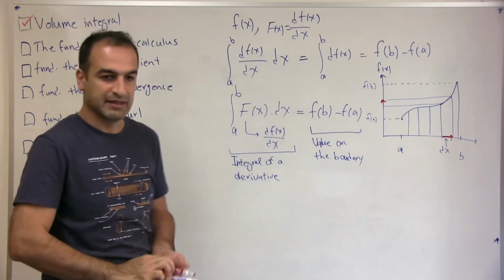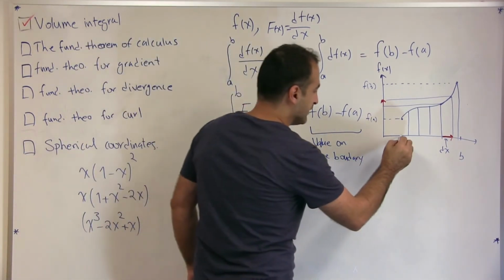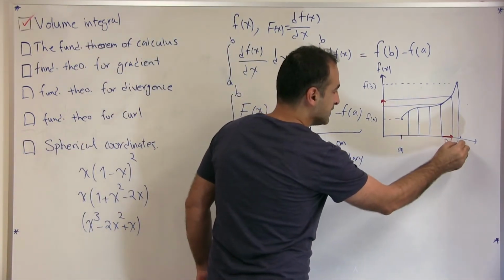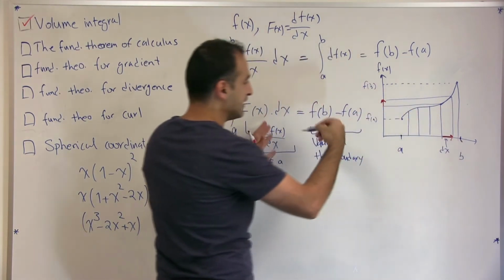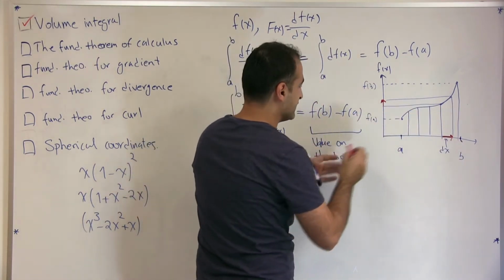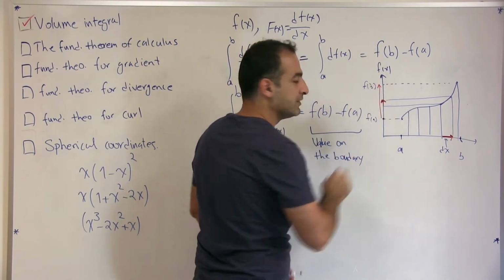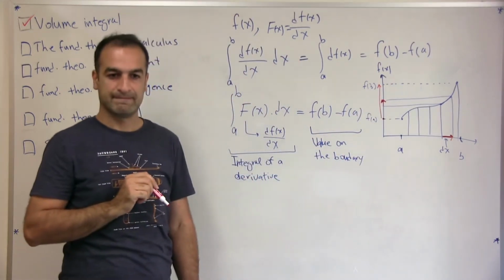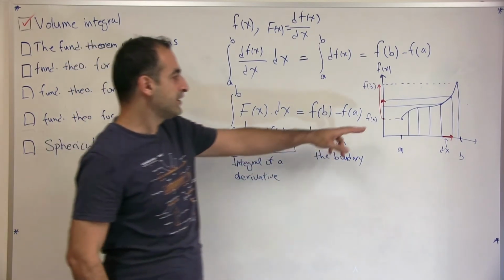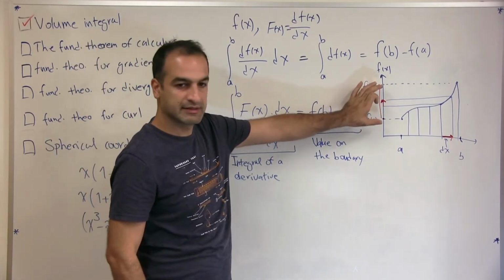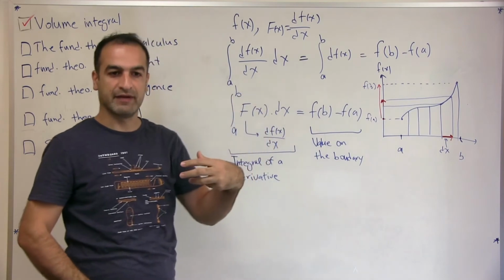Imagine you are integrating from a all the way to b, and that means the integral outcome is going to show you an increase on the y-axis from a all the way to b. And if you move from a all the way to b, the distance it's covering is going to be f(b) minus f(a).